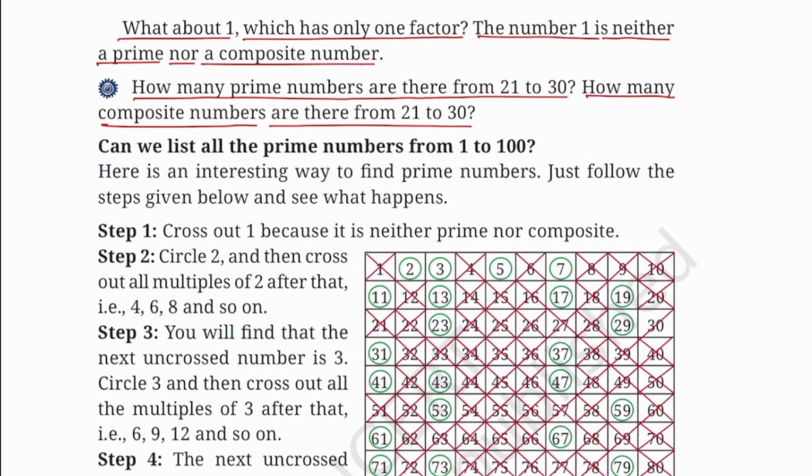Let's check it out. 21 is a composite number, 22 is a composite number, 23 is a prime number, 24 composite number, 25 composite number, 26 composite number, 27 composite number, 28 composite number, 29 prime number, 30 composite number.